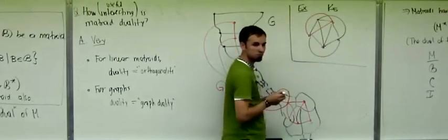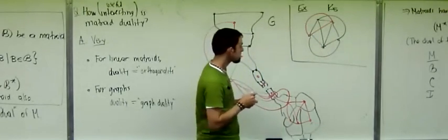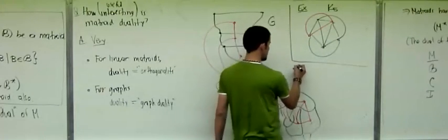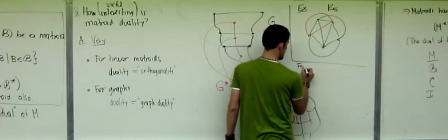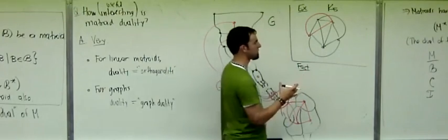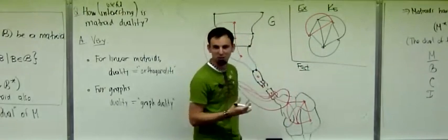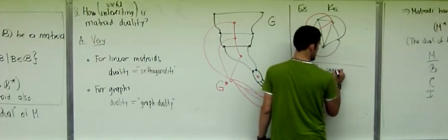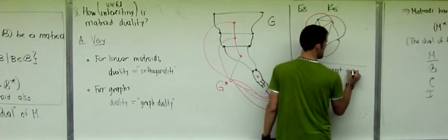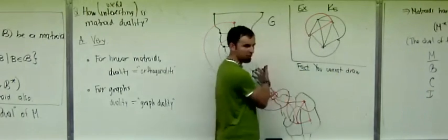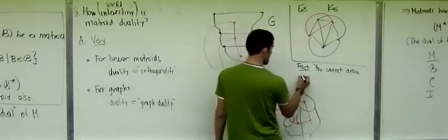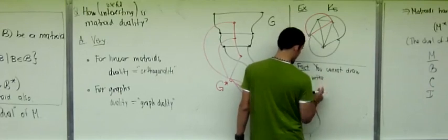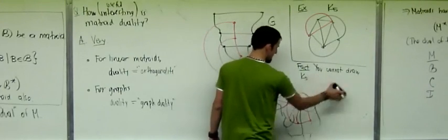This doesn't work. I'm stuck. So the fact is that this is not just because I couldn't do it. It's just not possible. I cannot draw K5 and make it look like a map, without crossings, on the plane.